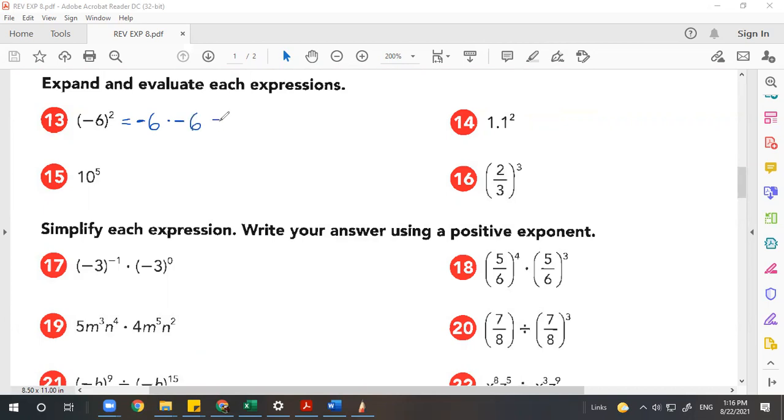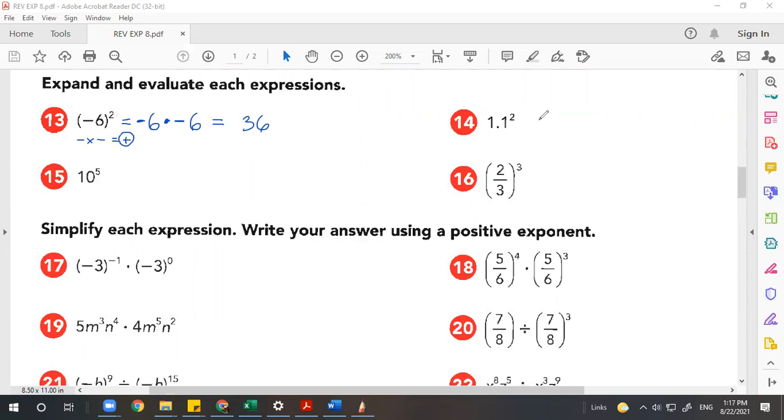What's your answer? You may use your calculator, or if you don't want to use calculator, it's still simple. 6 times 6 is 36, right? And the negative is vanished. Why? Because negative times negative is positive, right? So ignore the negative because we have the 2 negatives.